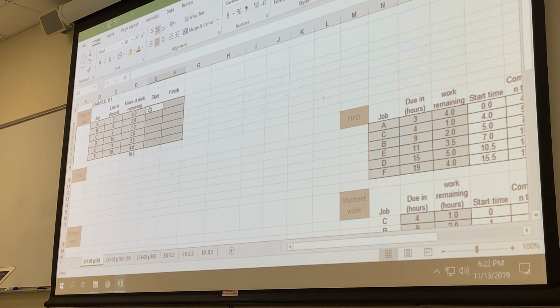It's just a matter of, I started at 0, and we don't know what day of the week or anything it is. We're just looking at this pile of work, and we're just gonna say we started at 0, and we're gonna end it at 0 plus 4.